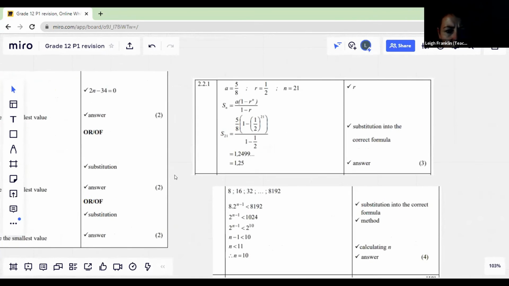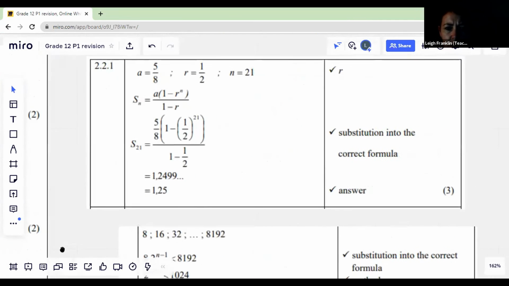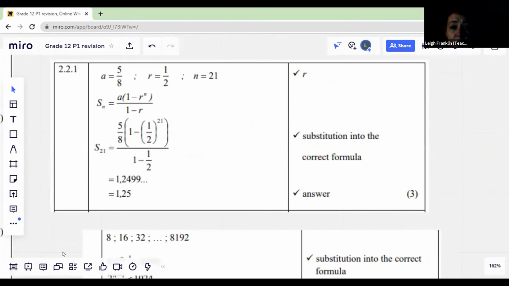Okay, all right, perfect, well done. Okay, so there it is. A mark for R being 1/2, subbing into the correct formula like we had written over there. Oh, they've used it the other way around, doesn't matter. And then we would end up with 1,25 as an answer. Okay, so good stuff, well done.